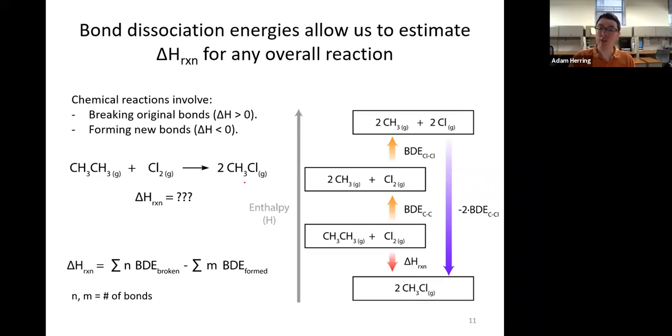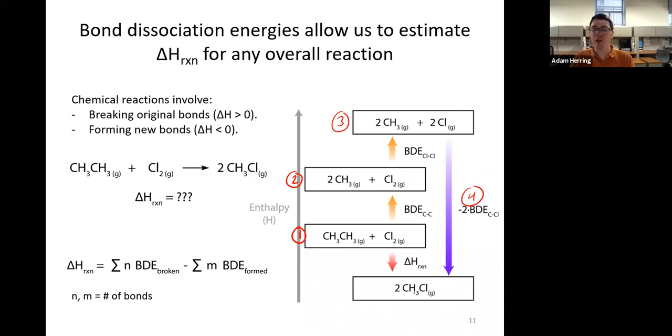Again, applying Hess's law. Hess's law allows us to get from point A to point B in any number of paths, and the enthalpy of that reaction is going to be the same regardless of the path. So let's say that we start here. We could first break the carbon-carbon bond between the methyl groups. We could then break the chlorine-chlorine bond between the chlorine molecule, and then form new chlorine-carbon bonds.